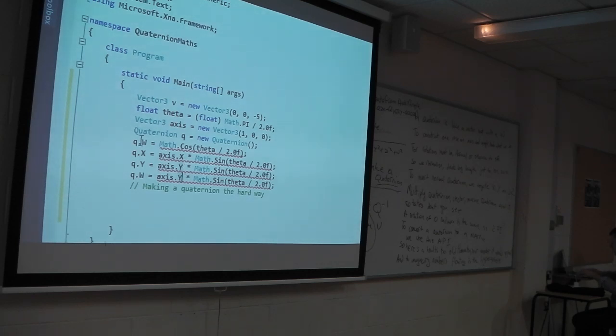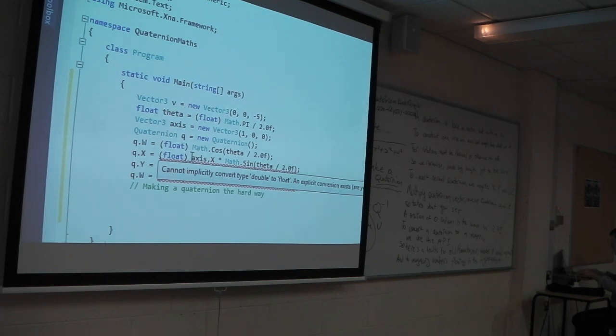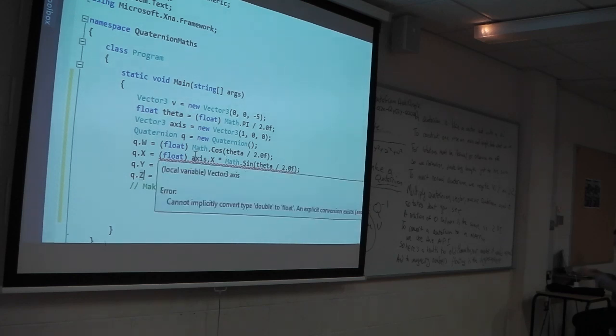That's a float, and that's going to give me back a double, so I need to cast that. And the same with these guys, need to cast these. So there's axis X, axis Y, axis Z. Now, what's the problem? Q.Z, you've got Q.Z. X, Y, Z, yep. The float needs to be returned to the map. Oh, you're quite right, yeah.